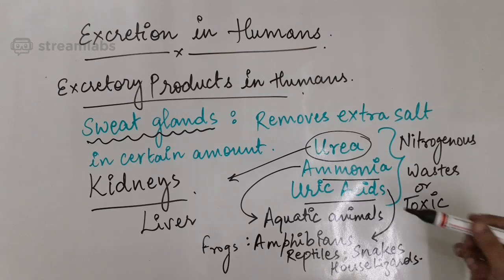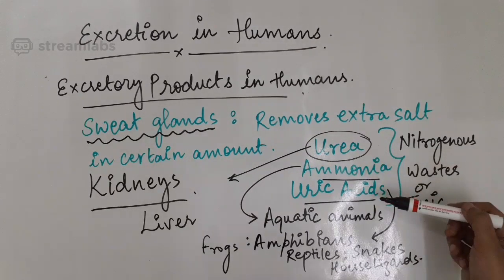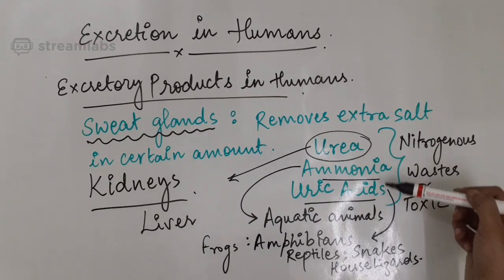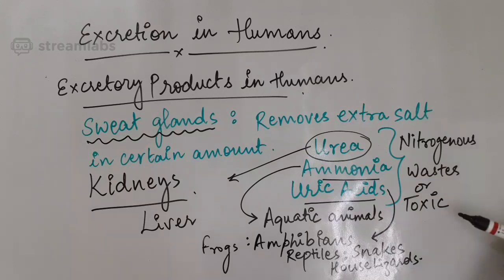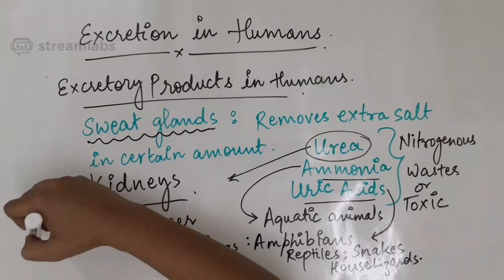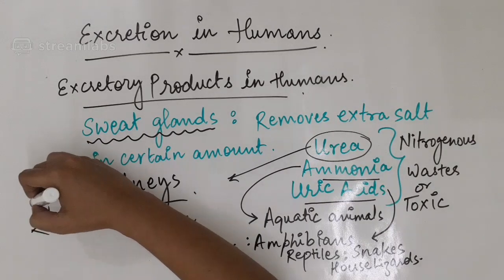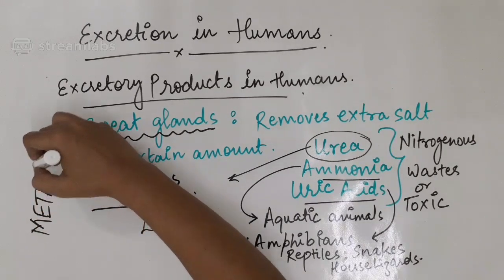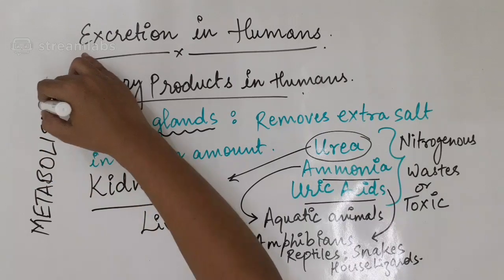Okay, urea, ammonia, uric acid, these are the nitrogenous waste substances, or these are the residue which are formed during the biochemical reactions. All these reactions are actually doing the metabolism.